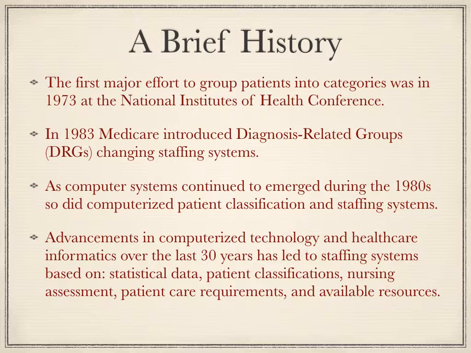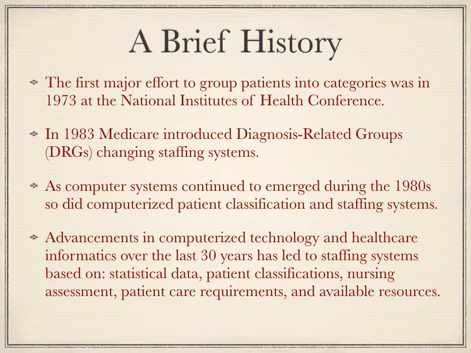However, one of the first reported computerized acuity systems took place at Children's Hospital in Akron in 1961. Using IBM software, this facility tried to quantify the nursing care needs of patients and the amount of time nurses spent on various care activities, and then developed a staff plan based on that information.